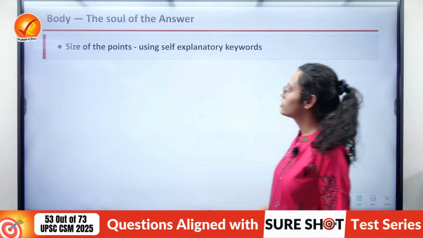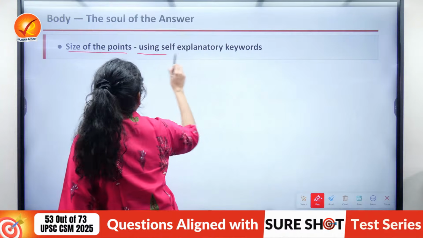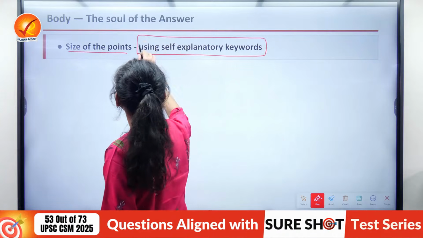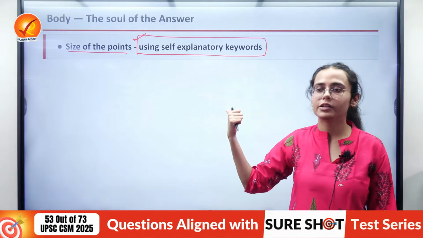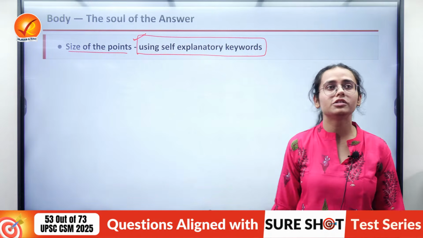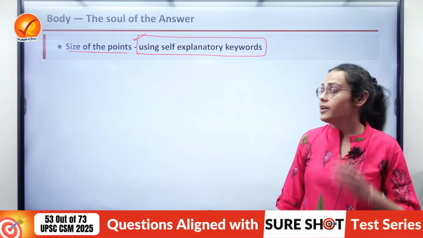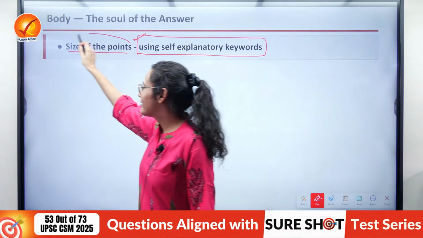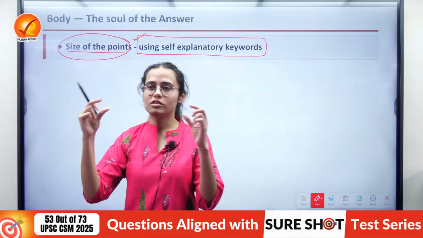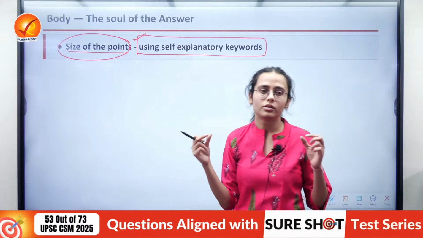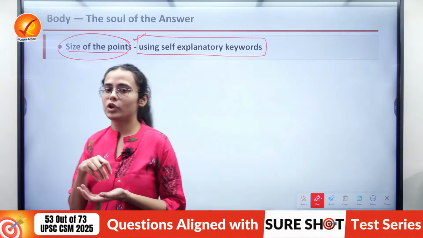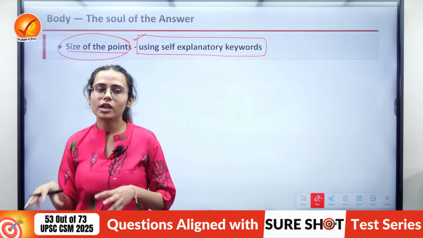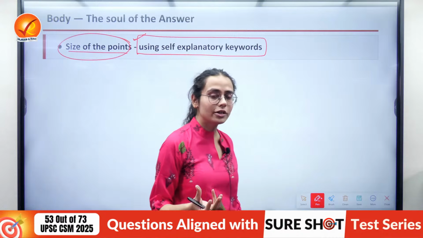Size of the points. Using self-explanatory keywords. This I also understood at a very late stage of my examination cycle: try to concise the size of the point. Like there is a concept that civil servants or bureaucrats are not very much connected to the ground realities.